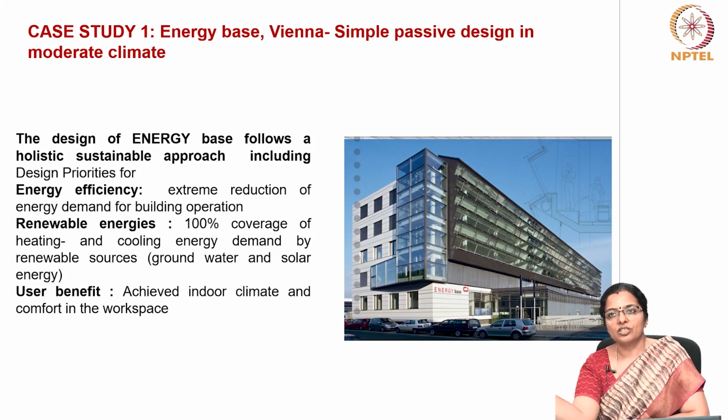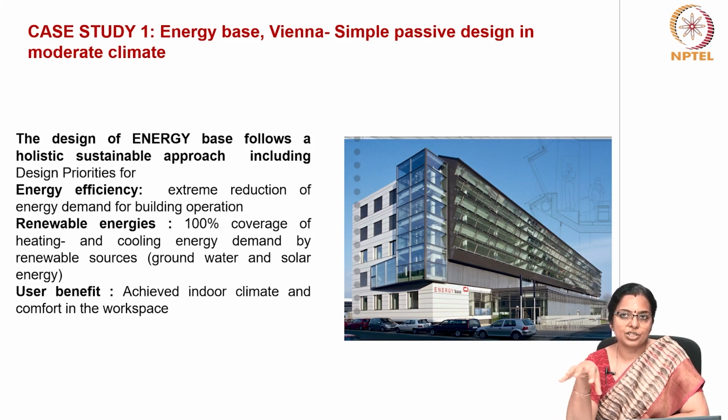The design of Energy Base follows a holistic sustainable approach, including design priorities for energy efficiency, extreme reduction of energy demand for building operation, renewable energies, 100% coverage of heating and cooling energy demand by use of renewable sources, especially solar PV, and also underground. Underground means what? Using earth air tunnels or some other such method.